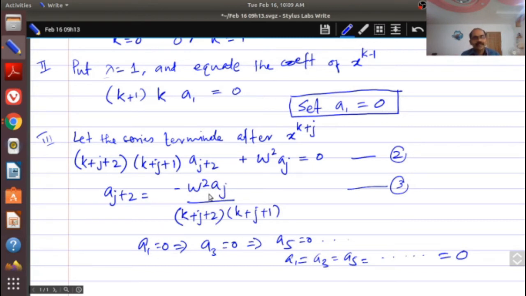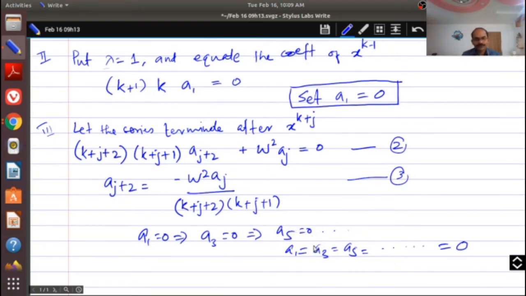So this tells you that a1 equal to 0 implies a3 equal to 0. a3 equal to 0, if you substitute in this equation, it means a5 is equal to 0. So continue like that, you know all odd coefficients are zeros. Okay.